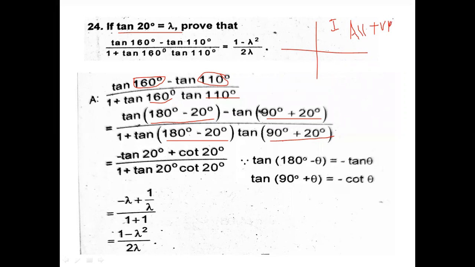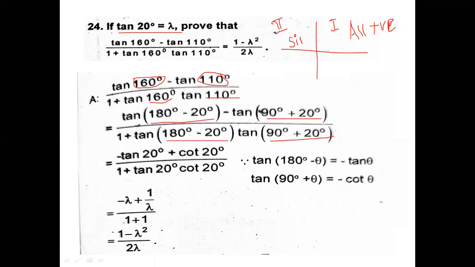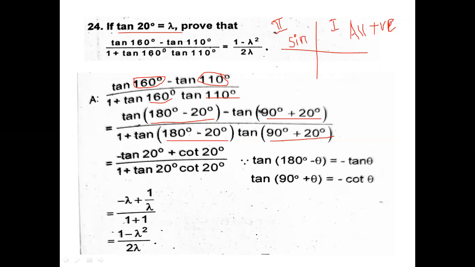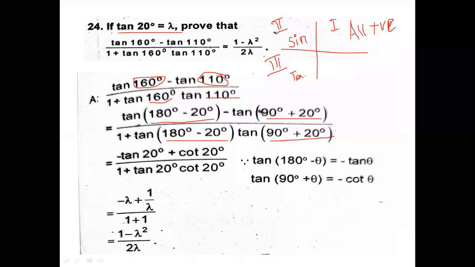In the second quadrant, only sine is positive. All silver tea. In the third quadrant, only tan is positive. And in the fourth quadrant, cos is positive.